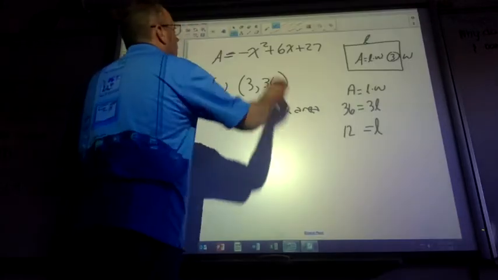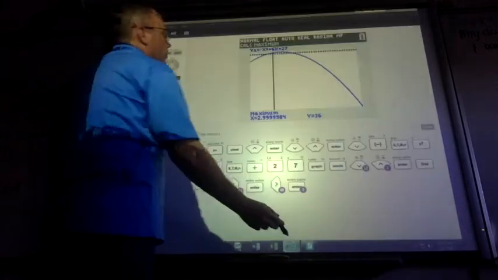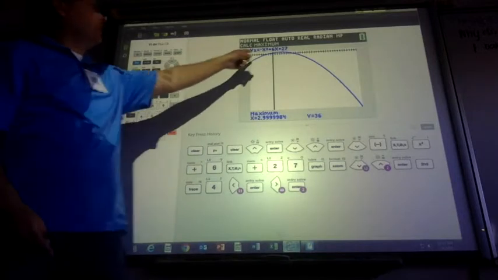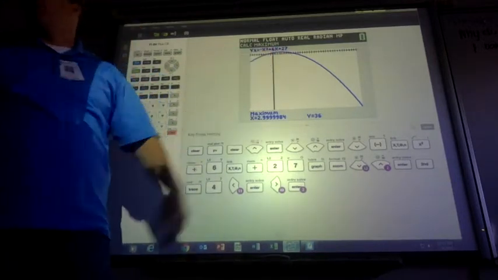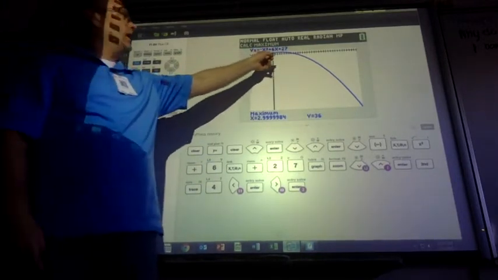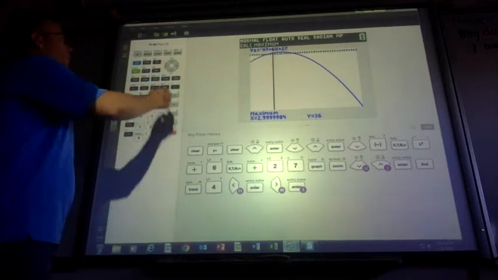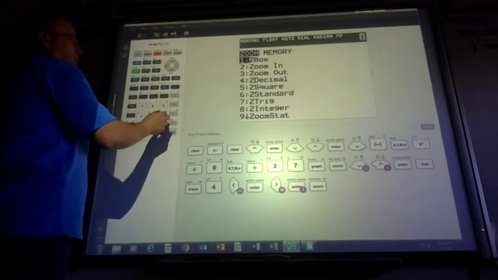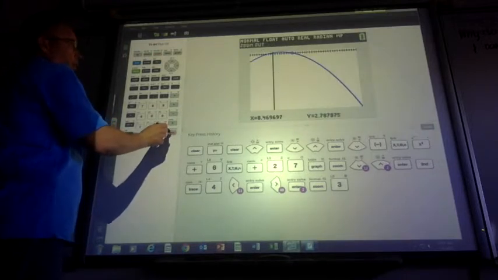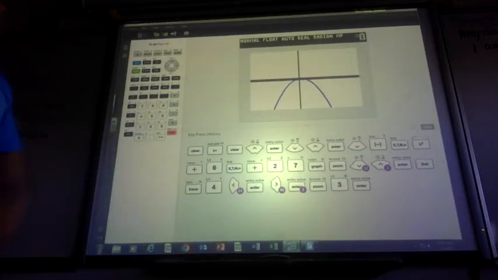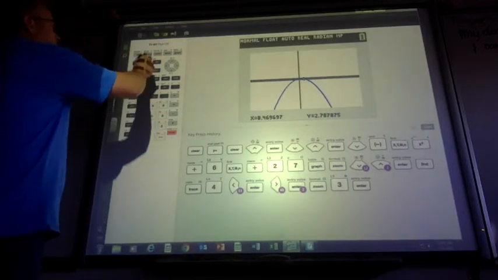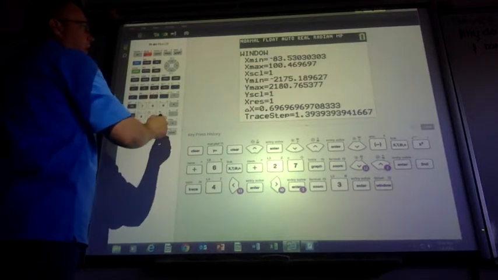Oops, back here. All right, so does it appear I can see where it's going to cross the x-axis up here? Does it look like I can see it? If your window's goofy, maybe you zoom out a little bit. So zoom 3 and hit enter. And so then, now it looks like I can see it. I don't need my window to be quite this big, and I'm just going to modify it.